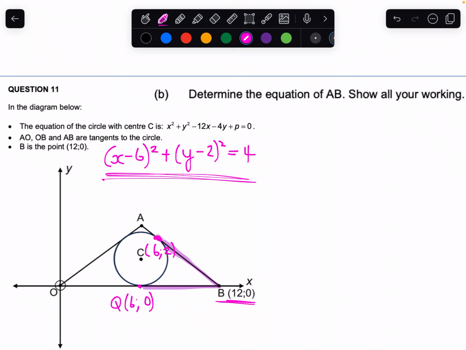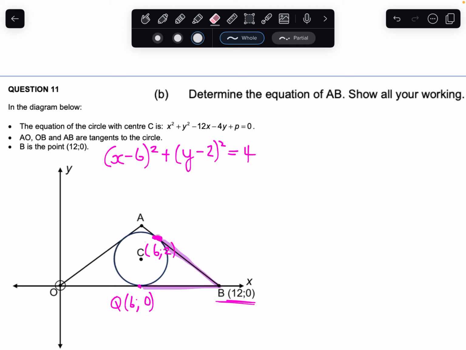I don't know if that's too dramatic. But once we know what the coordinates of this point are, then we can get the equation of the line. So I'm just going to try that and see if we end up with a scary expression or an okay expression.